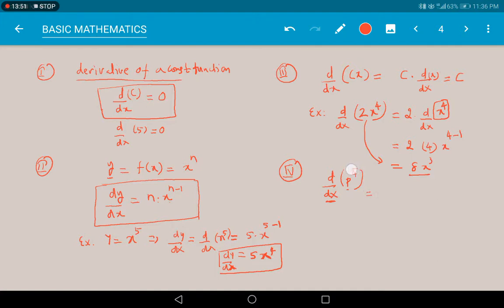We write it in a similar manner as the nth power derivative: 4 into p to the power of 4 minus 1 into dp by dx, that's it. So 4p power 3 dp by dx is the derivative of that expression.